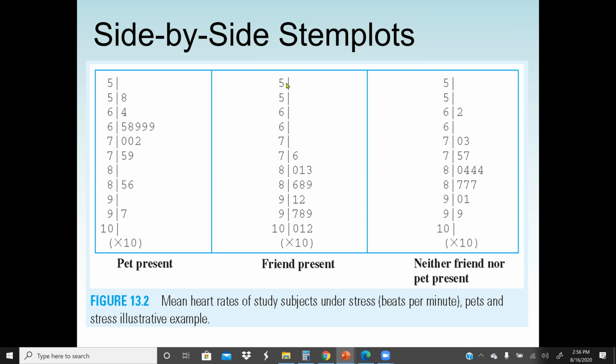We can see that on the left, the lower part is a very slim tail, and on the right, the highest value is very high. So this is negative skew, or skew to the left. Then neither friend nor pet present also looks like a normal curve. Actually, that looks more like a normal curve distribution than the pet present.